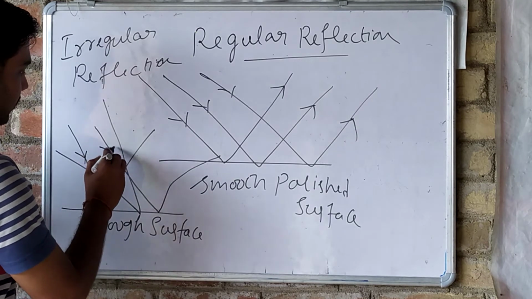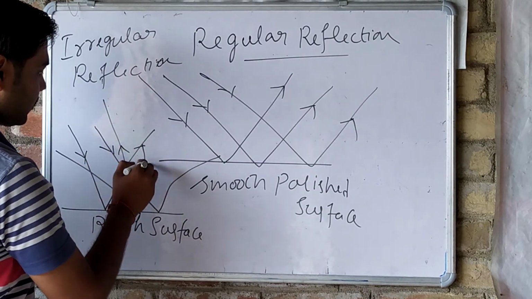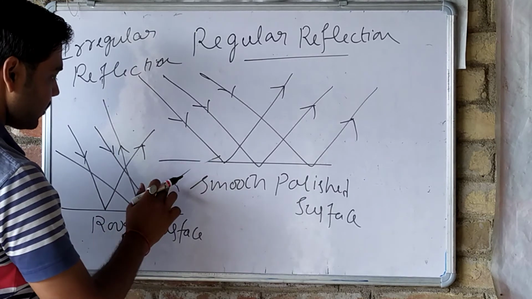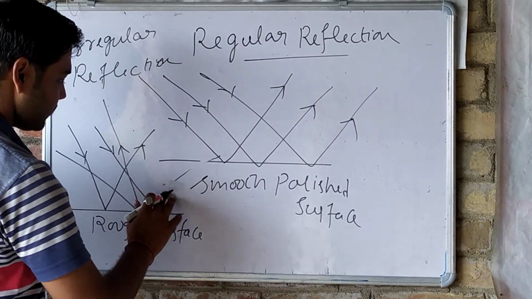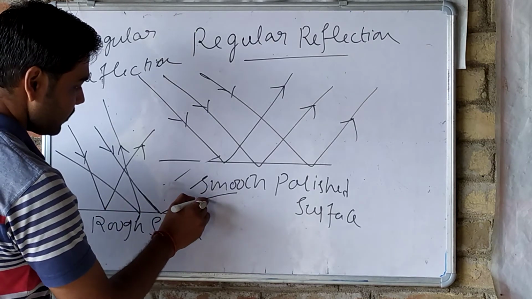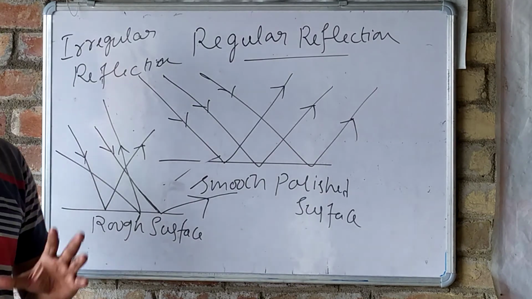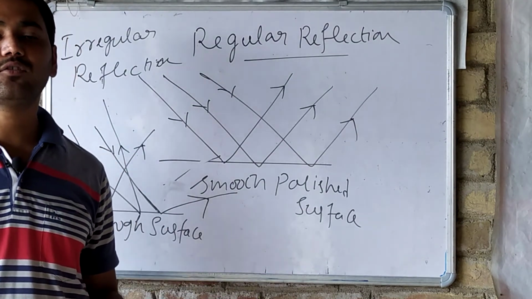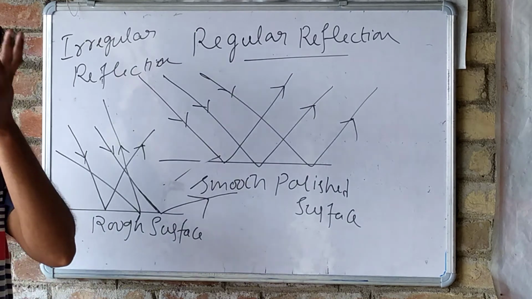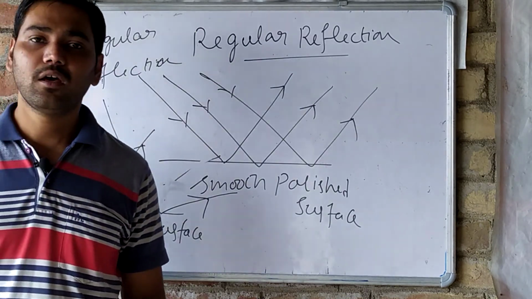So that means all the rays of light are not parallel to each other. After striking, the rays of light do not reflect parallelly. Why? Because of the rough surface. This is known as irregular reflection.